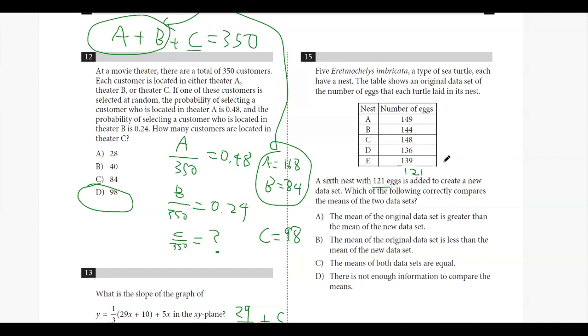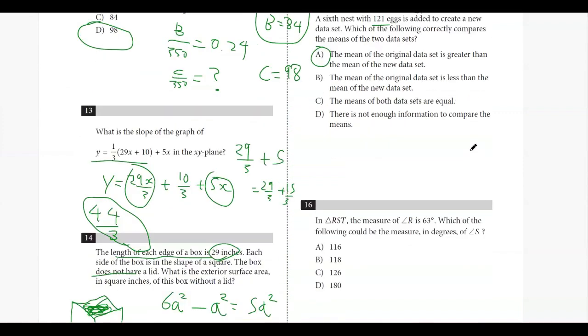So obviously, since we're adding a small value, the mean of the new data set is going to be much less than the mean of the original data set. So in other words, we can say that the mean of the original data set is greater than the mean of the new data set. So A is the correct answer.